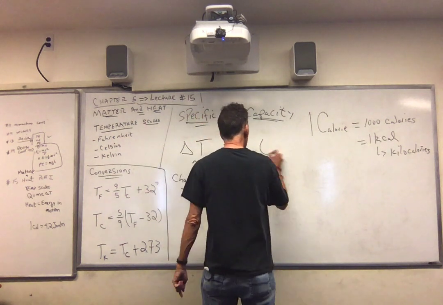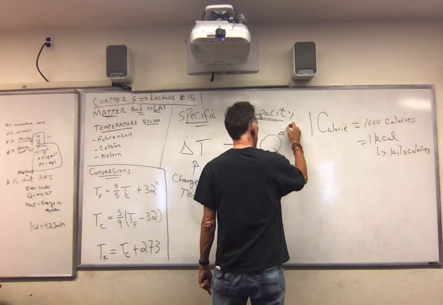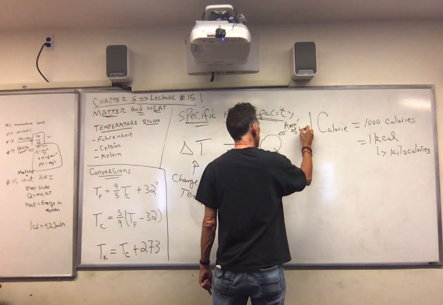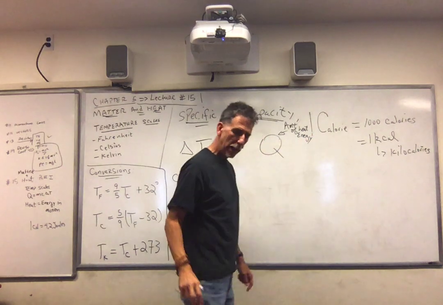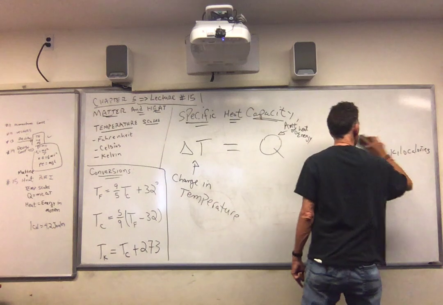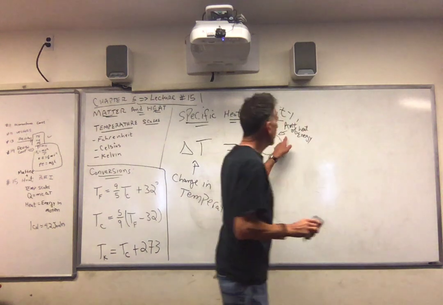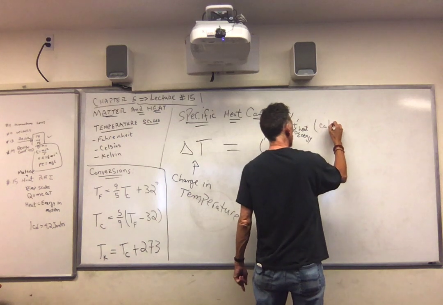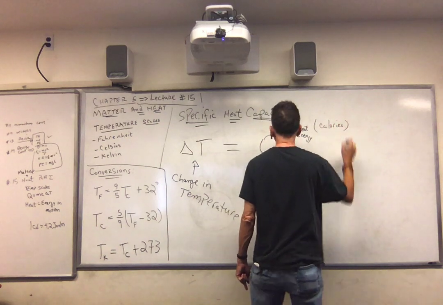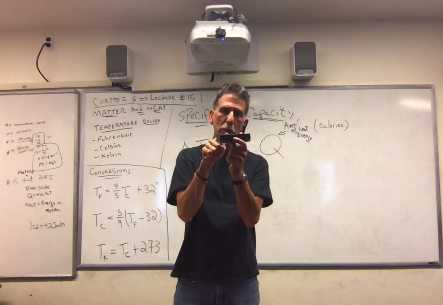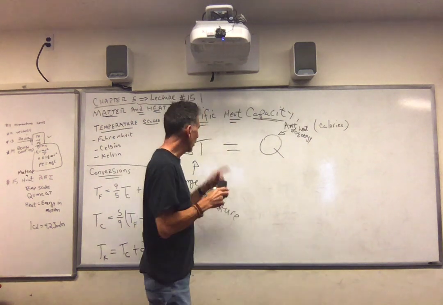I'm going to use the symbol Q. Q is going to be the amount of heat, energy. Remember, the amount of heat energy is going to be measured in calories with a small c. The greater the amount of heat you add, the more the temperature goes up.